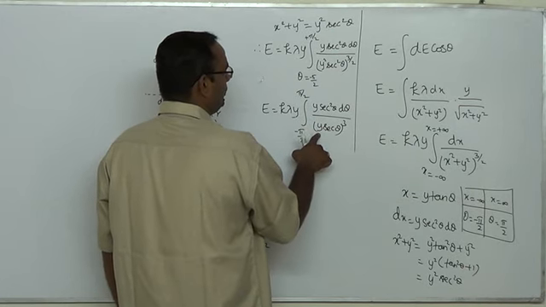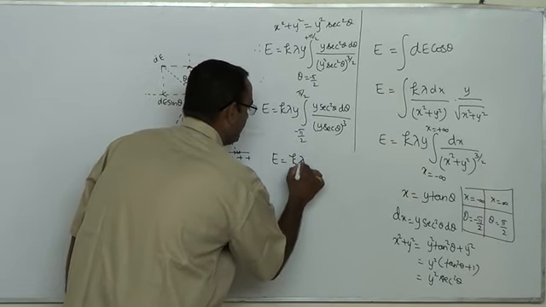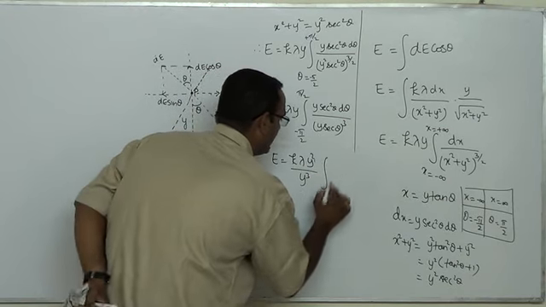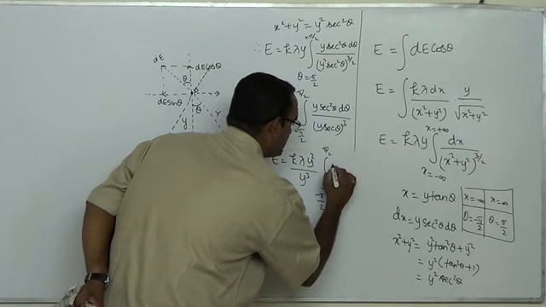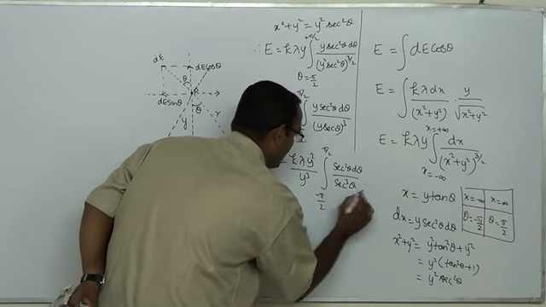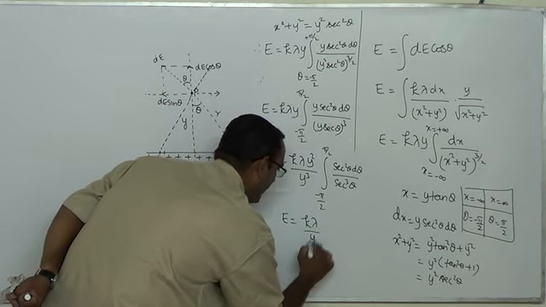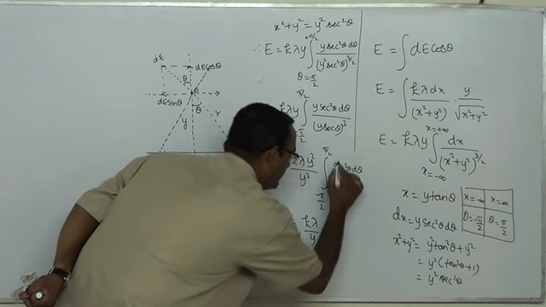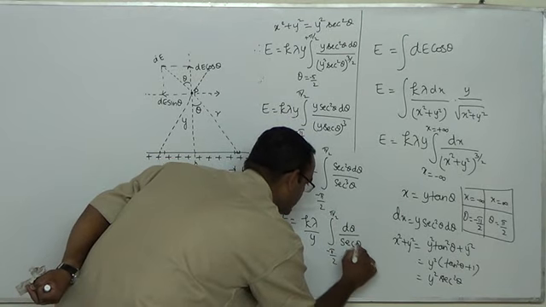Here we have y cube, and therefore one y will get cancelled, and therefore E is equal to k lambda y square divided by y cube, theta from minus pi by 2 to plus pi by 2, and secant square theta d theta divided by secant cube theta. Cancelling the like terms, we have k into lambda divided by y, from minus pi by 2 to plus pi by 2, you can cancel one of the secant square and say it is d theta divided by secant theta.